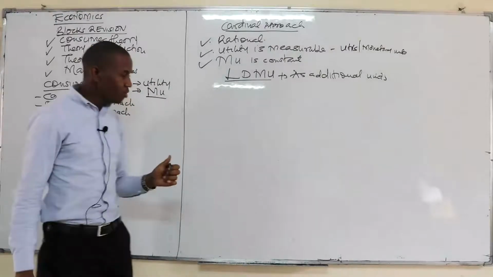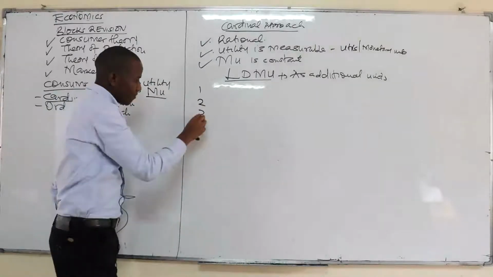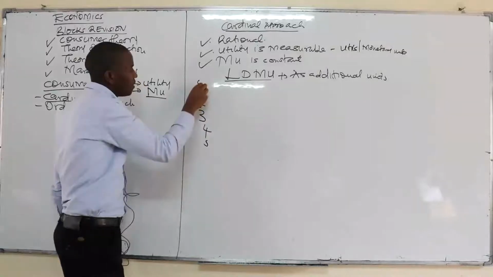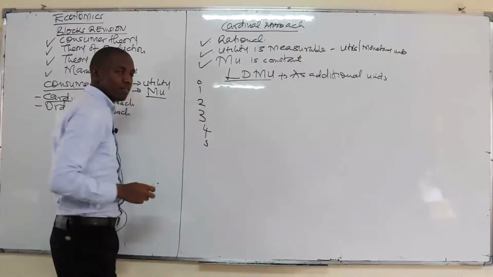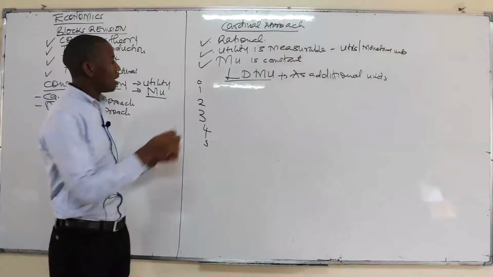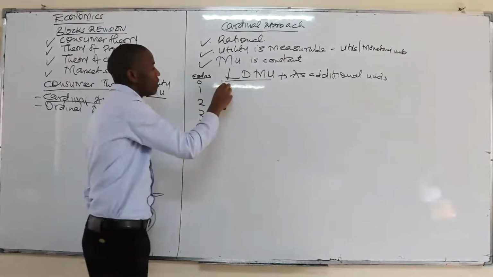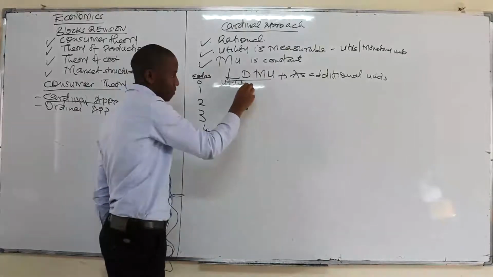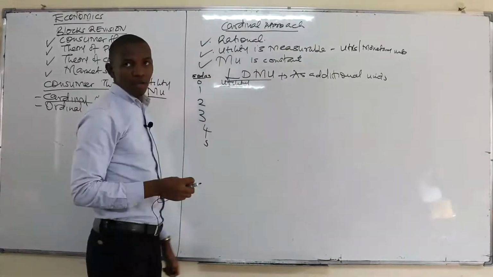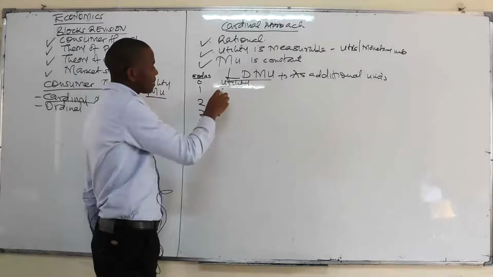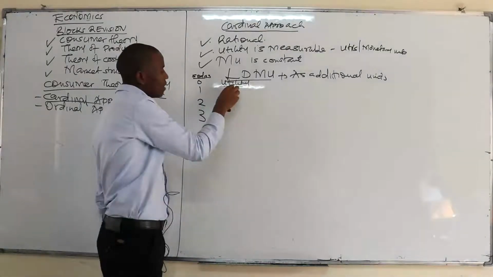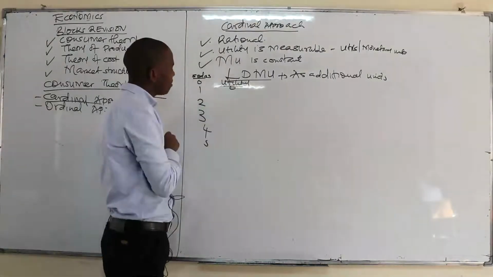What do we mean in this case? Let me say we have sodas, and I will have the total utility. Are we together? If I consume 0, there will be no utility.